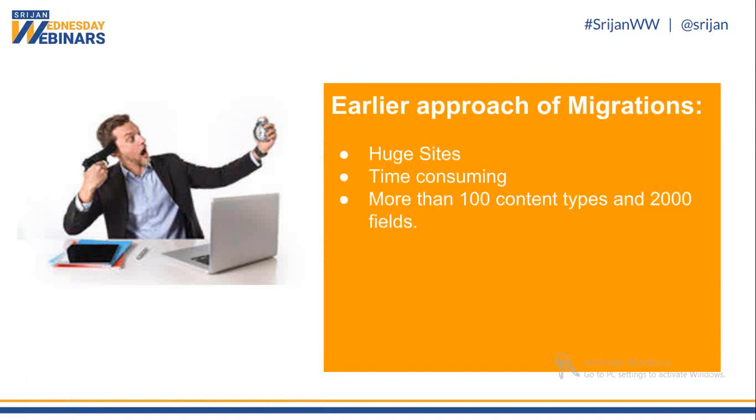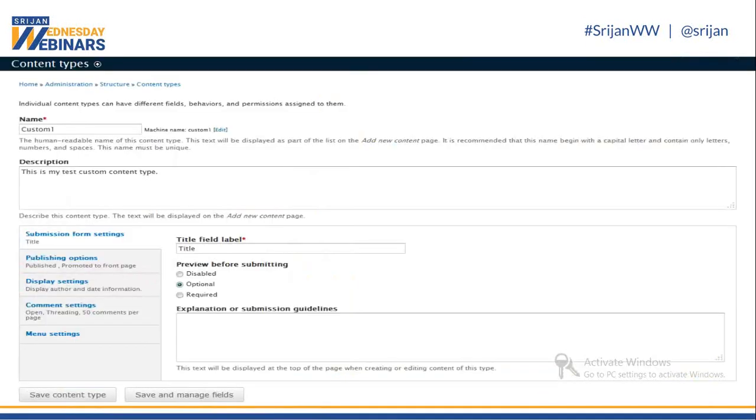Migration API helps us a lot and saves so much time. The drawback of earlier approaches is that creating a content type from the beginning and adding all these things manually consumes a lot of time.